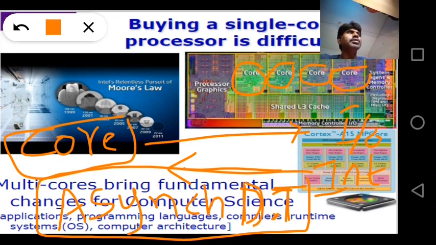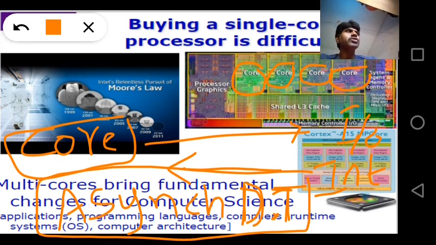Remember, I can also call the core a processing element, PE. So the processing element PE is nothing but the ALU, registers and internal cache.